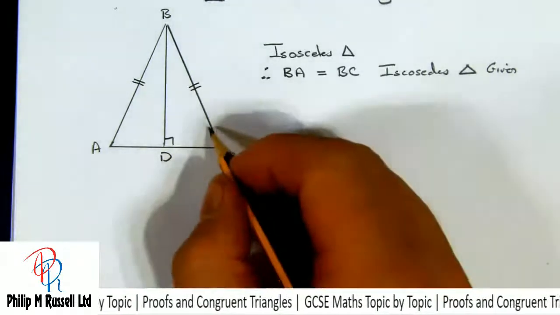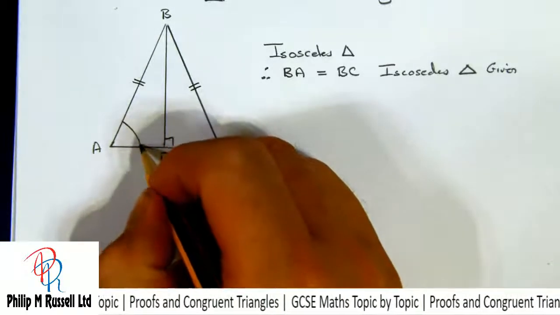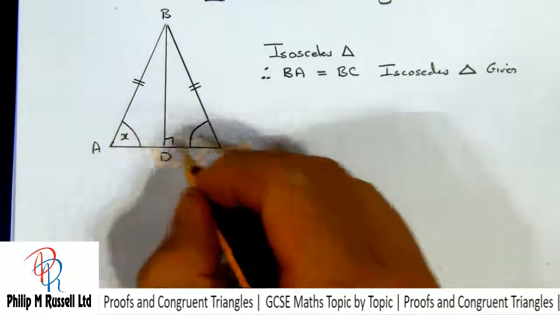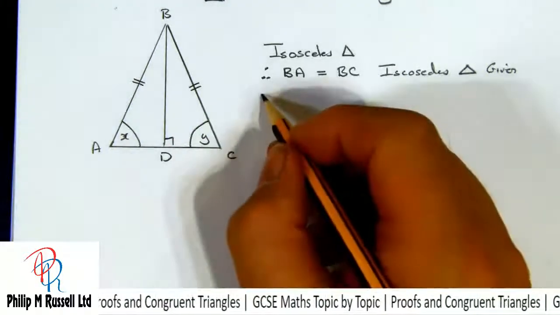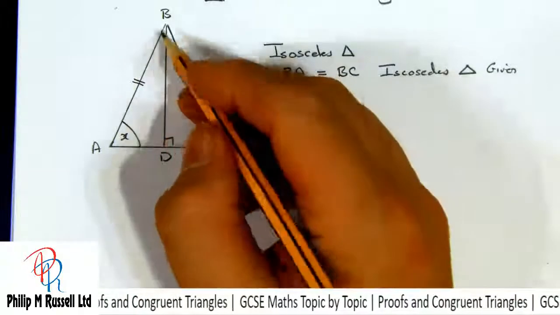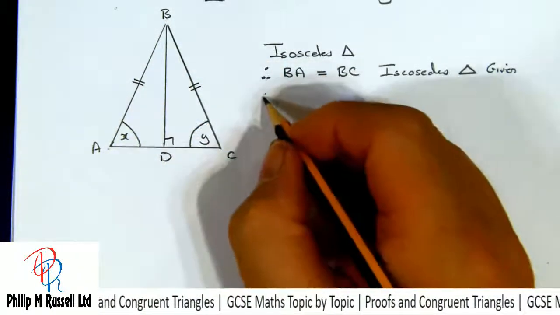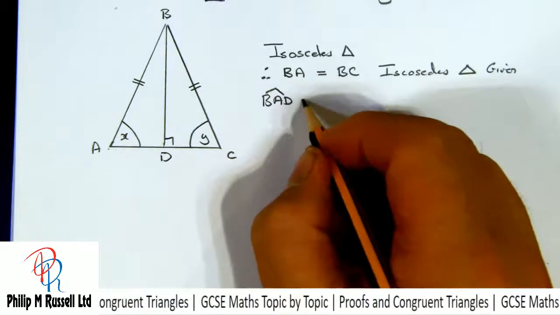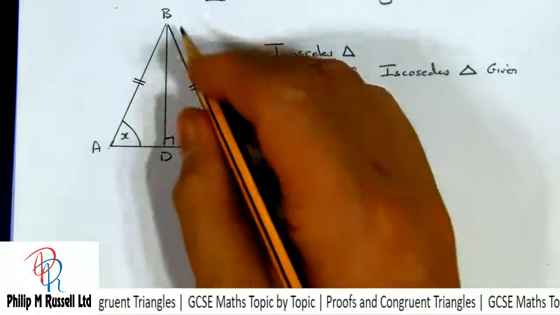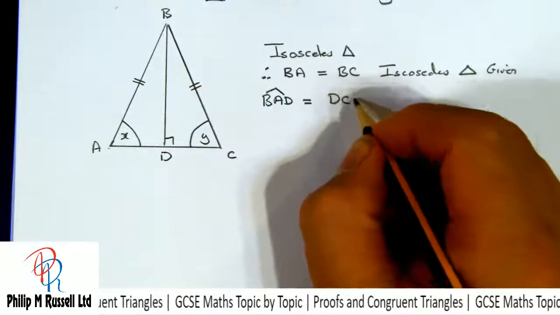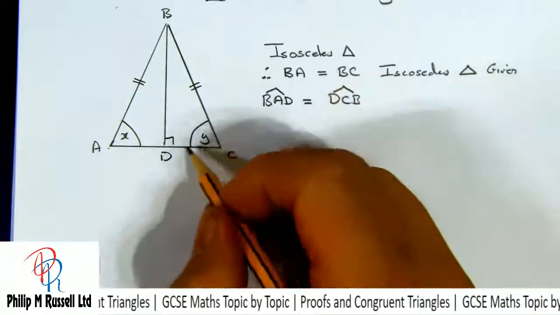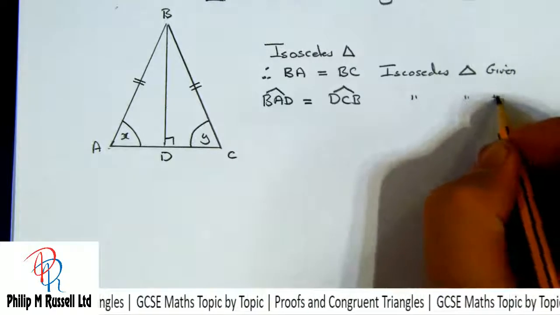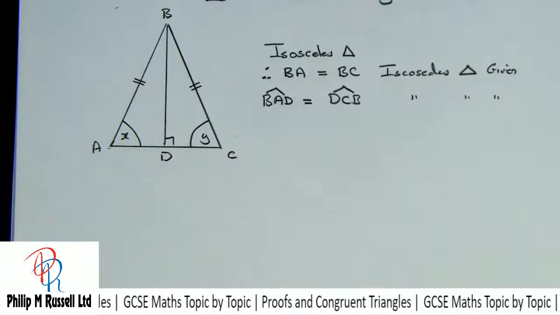In an isosceles triangle, I know that just because it's told me angle X equals angle Y. So this is going to be BAD equals DCB. And we know that those two angles equal one another because this is an isosceles triangle and we were given that fact.